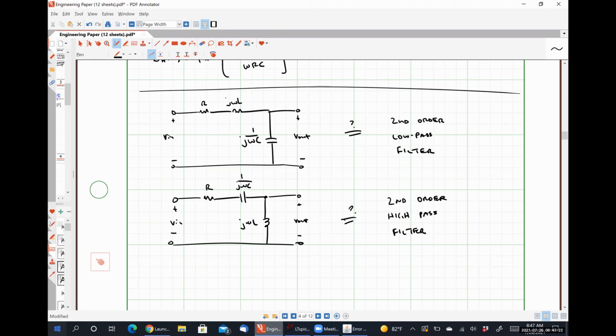But I find it wildly interesting that if we have an identical circuit, it's all just a resistor, a capacitor, and an inductor in series. If we take the voltage drop over the resistor, we get a bandpass filter. Over the inductor, a high pass filter.